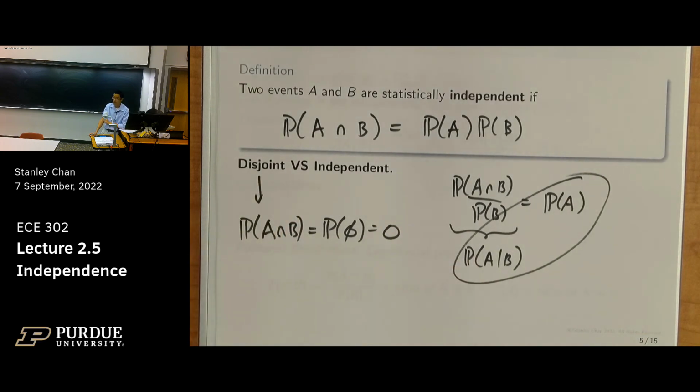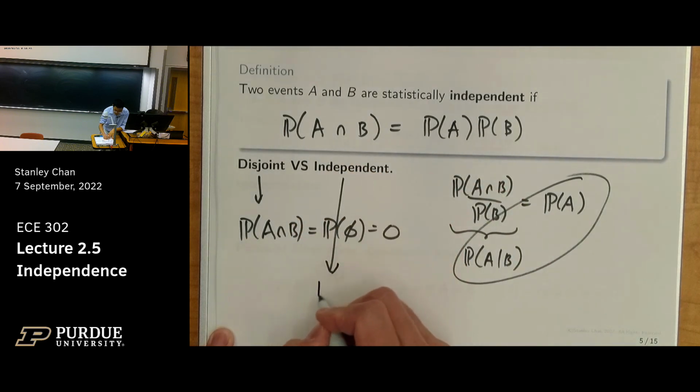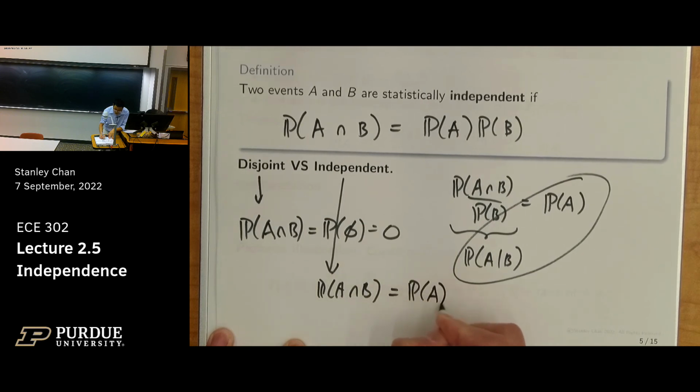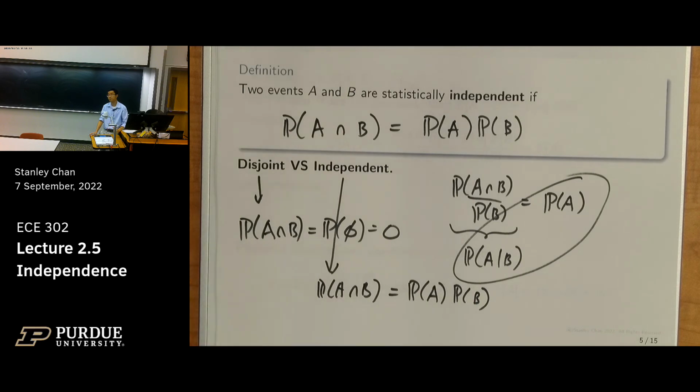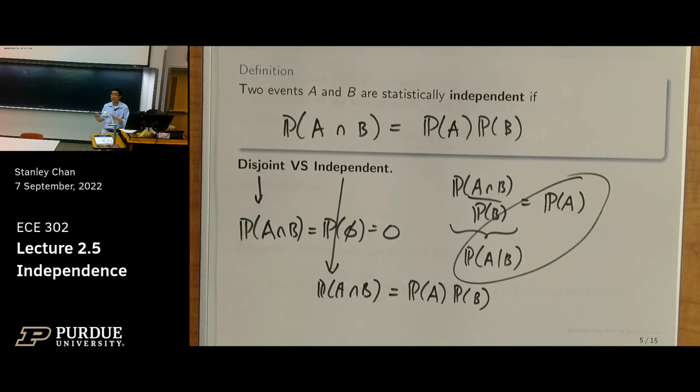How about independent? Well, independence means that this product, you have this A intersect B, you can factorize into the probability of A and the probability of B. Now for disjoint, you cannot factorize. You're not talking about factorization, you're just looking at the empty set. So disjoint and independence are completely different.